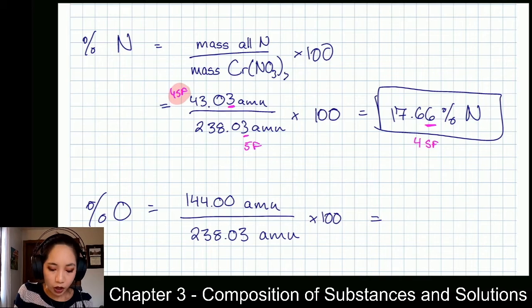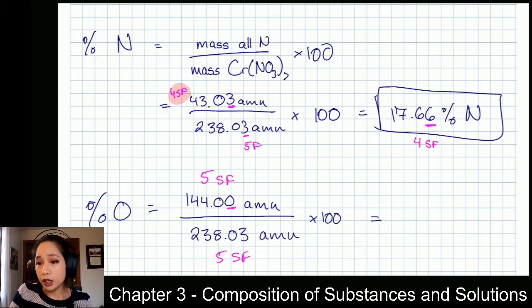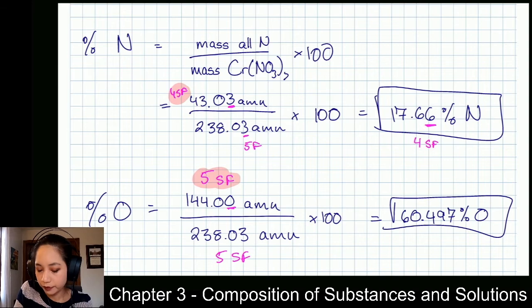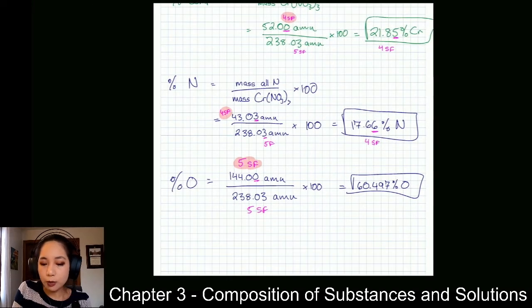So that number has 5 significant figures, and our denominator also has 5. So our answer, when we convert that into percentage, should also have 5 significant figures. So our answer, crunch those numbers, is 60.497% oxygen.